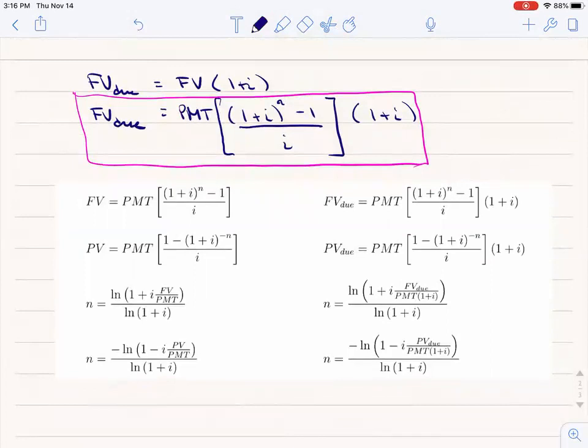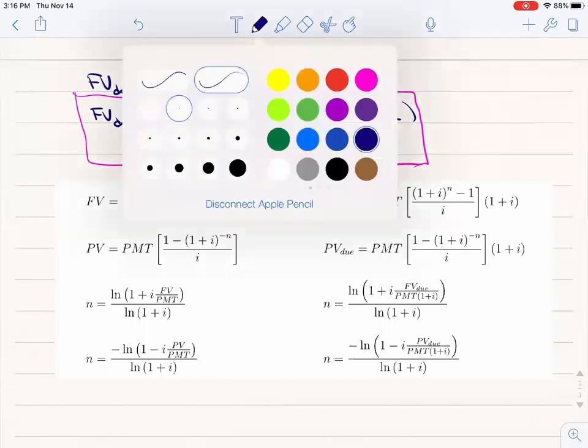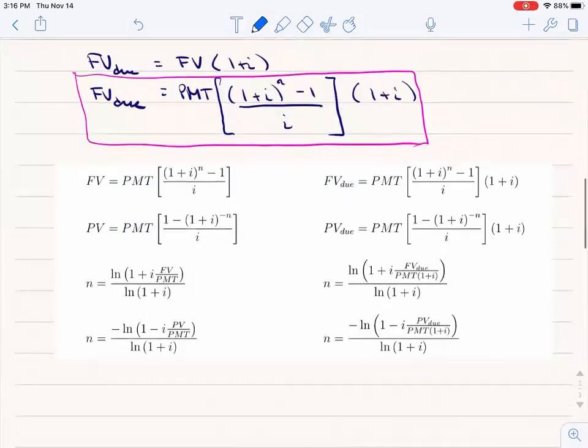We can do little comparisons and compare and contrast here. The only difference between the future value and the future value due is that times 1 plus i. So this section here is the same as this section here.